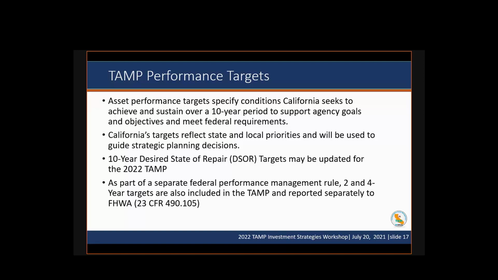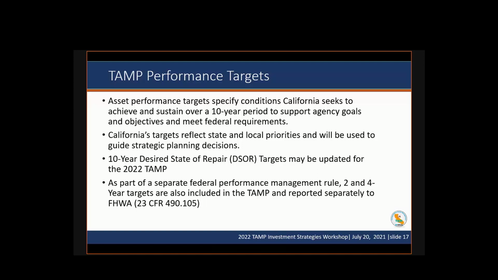So how big of an investment it takes is really a function of how aggressively the targets are set. And so the tool that we're going to demonstrate in a bit will provide the MPOs a little sandbox to look at different things, look at how much money it would take to hit certain targets, and kind of iteratively work your way into what you believe are appropriate targets for your agencies.